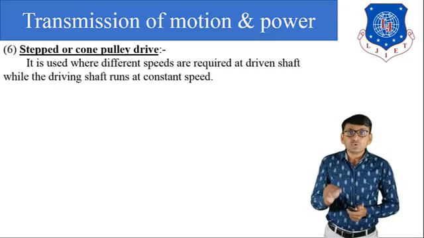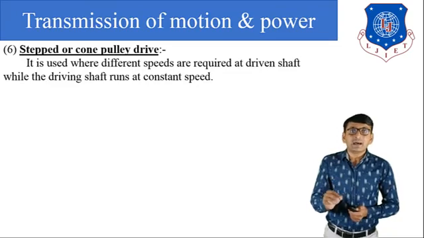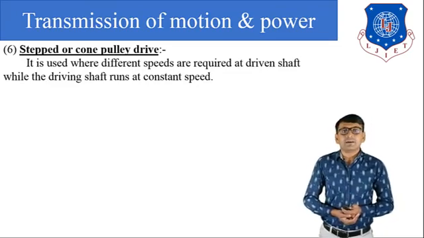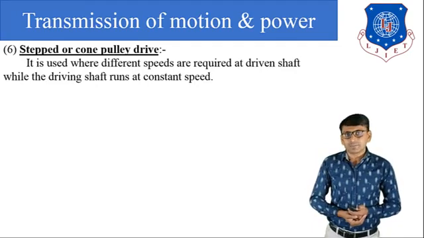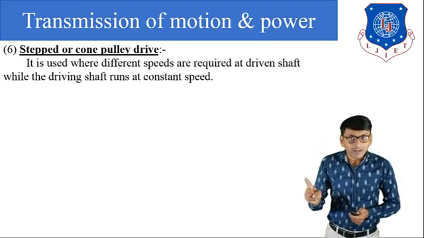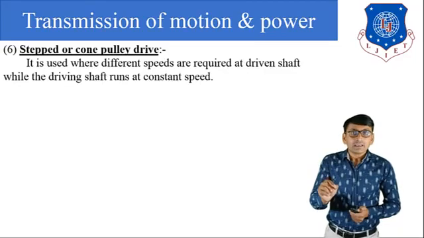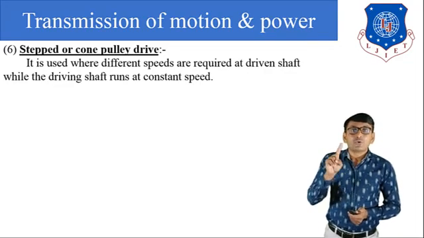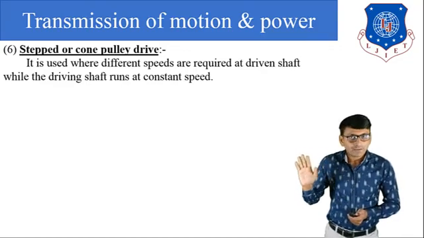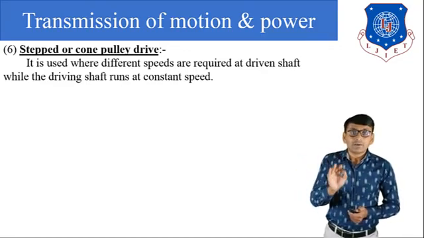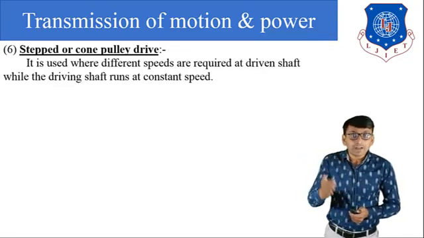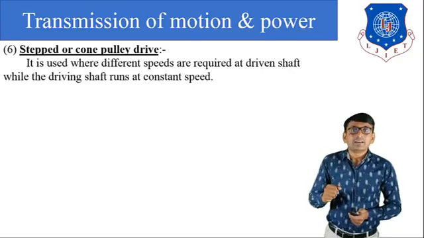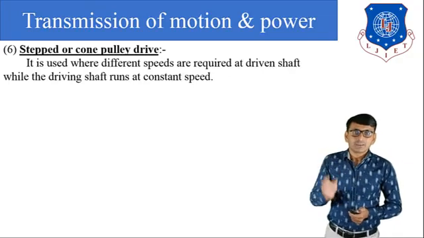It is used where different speeds are required at the driven shaft while the driving shaft runs at a constant speed. So in this belt drive the driving shaft rotates at the same speed, but the speed of the driven shaft we have to change as per the requirement.